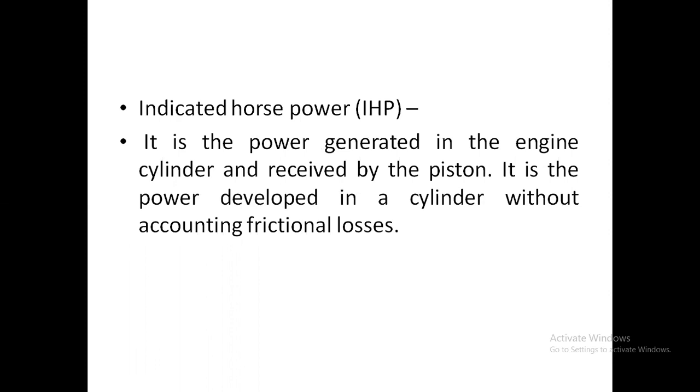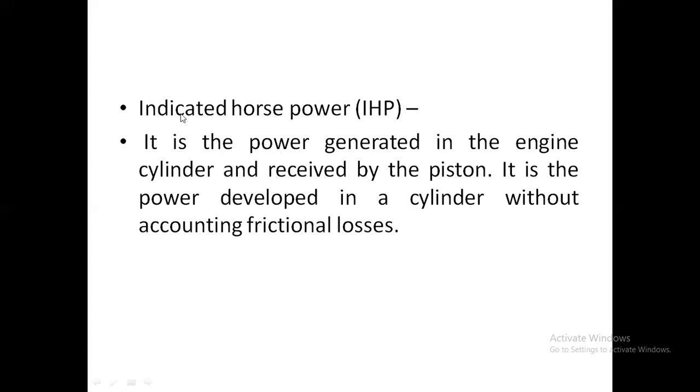Now, indicated horsepower. What is the indicated horsepower? It is the power generated in the engine cylinder and received by the piston. It is the power developed in the cylinder without accounting any frictional losses.